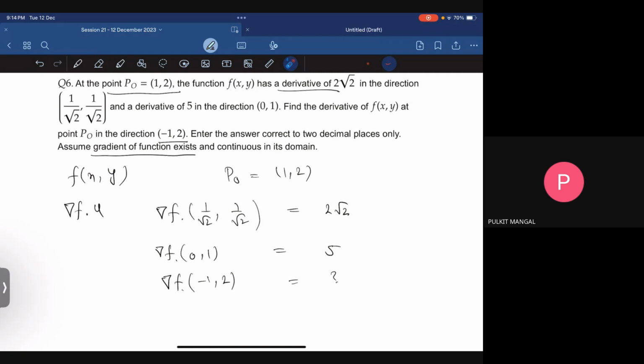Gradient of f is just the vector fx comma fy. I am finding this gradient of f at the point 1 comma 2, because all the derivatives take place at this point only. It's just that we are changing the direction every time. So does this gradient of the function change at this point, or will it remain constant throughout?